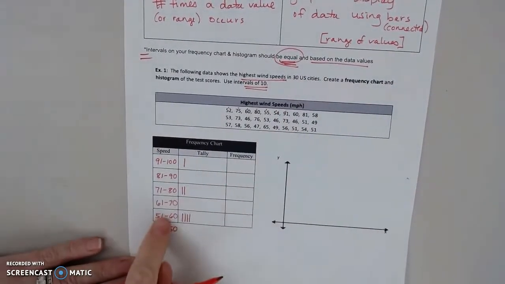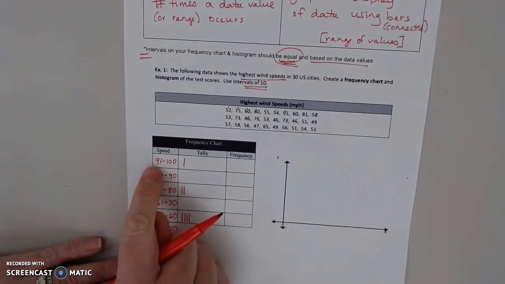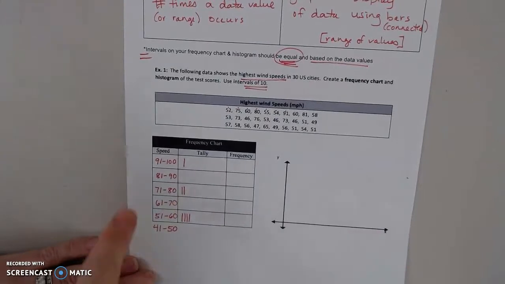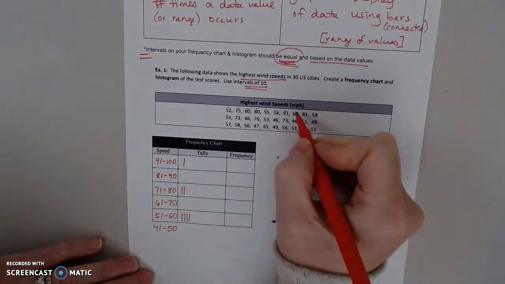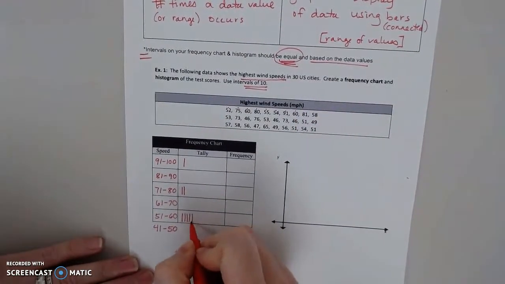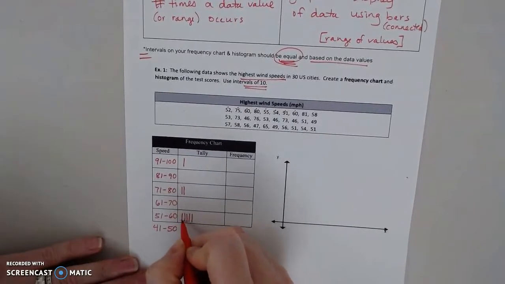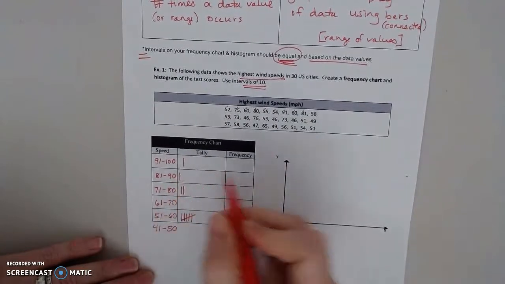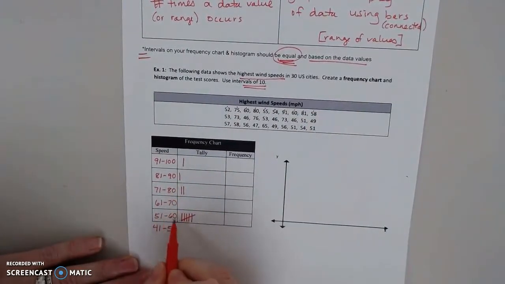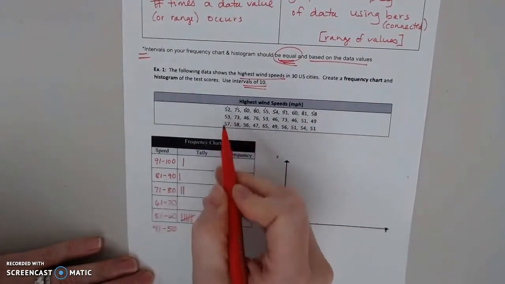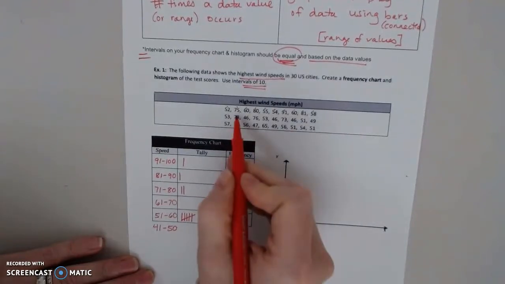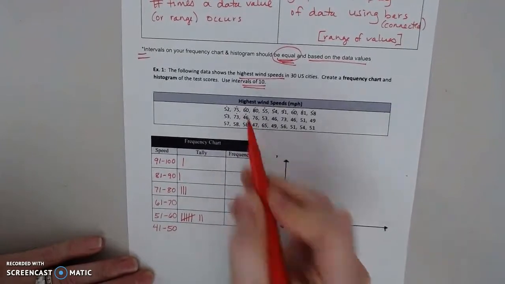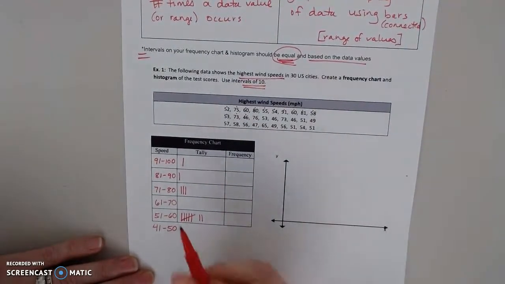So if you have different intervals, like if you went 90 to 99, then they'll be slightly different. All right, 60, sorry, I've got to keep check. 1, 2, 3, 4, 5. So that was 5. 81, 58, 53, 73. I like to use little marks so I can keep track, especially if I get distracted.